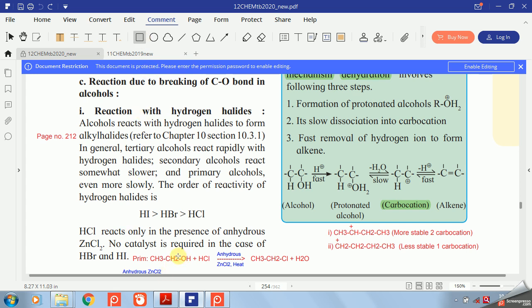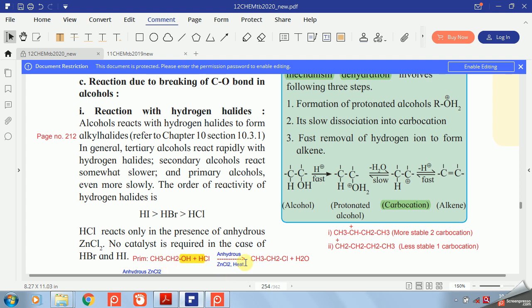The OH from alcohol and H from HCl combine together and form H2O, and Cl replaces this OH to give alkyl chloride.